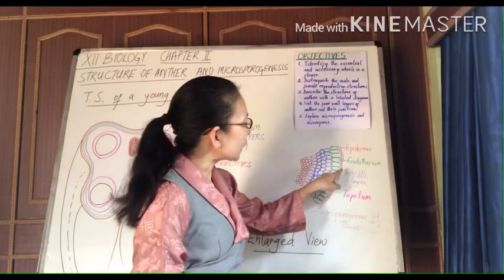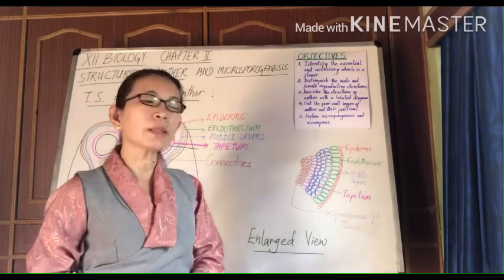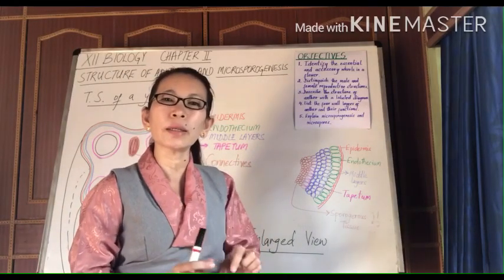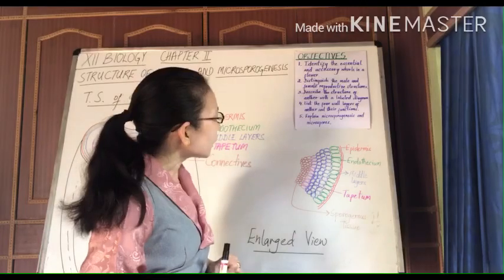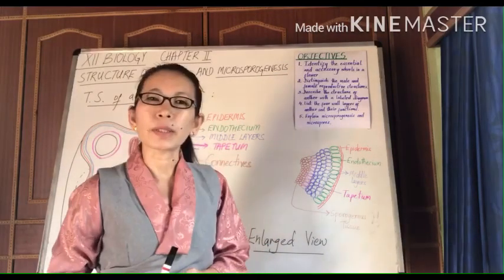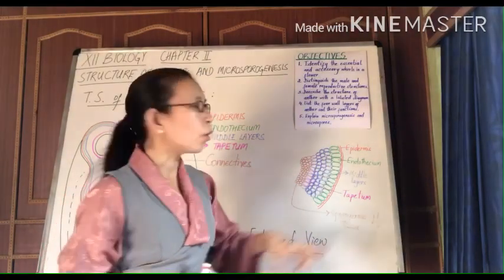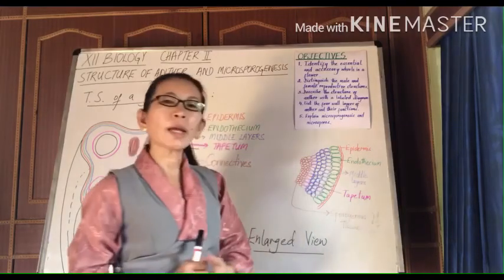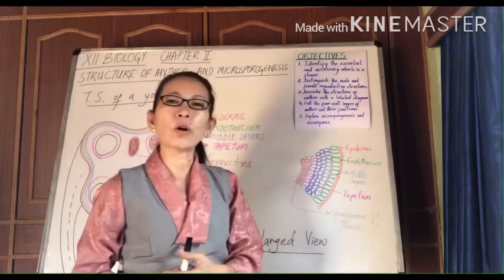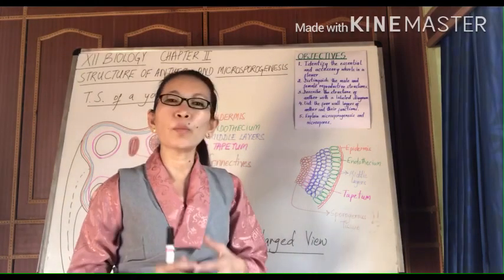In the outermost layer, we have the epidermis, and the epidermis is basically a very thin, single layered cell, and these cells are flatter in appearance, right? So we have the flat, thin, single layer of epidermis. Then inside the epidermis, there is the second layer called the endothecium, and endothecium cells are usually thicker.